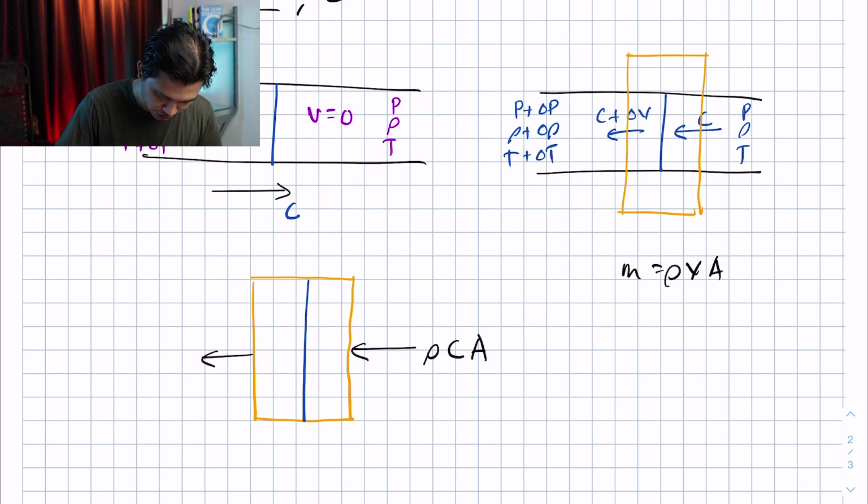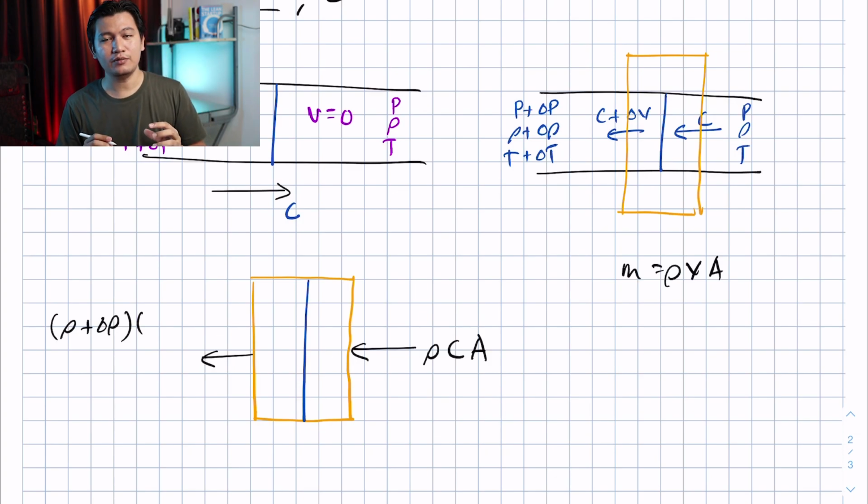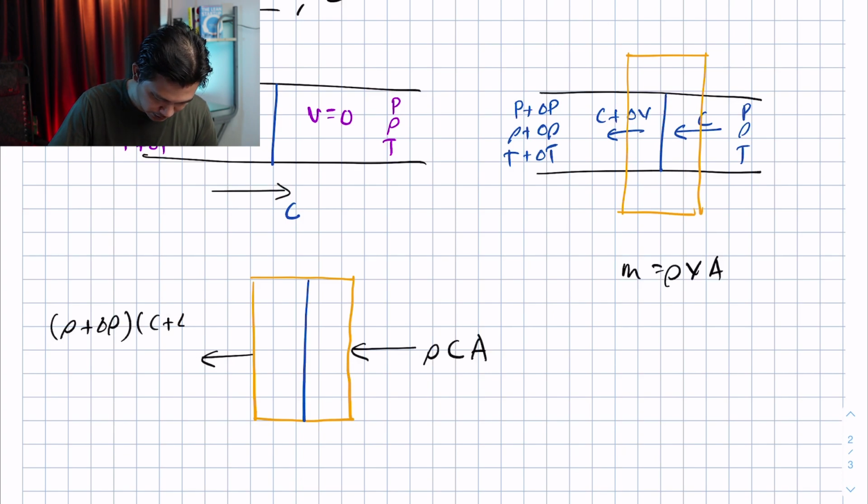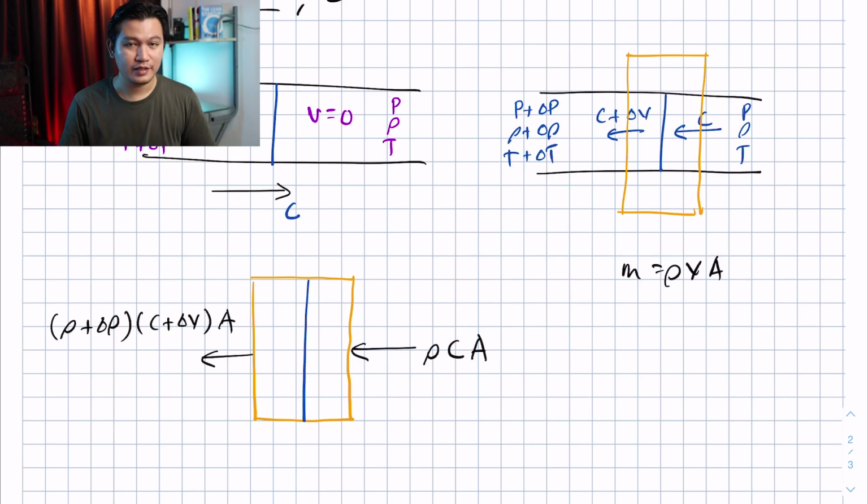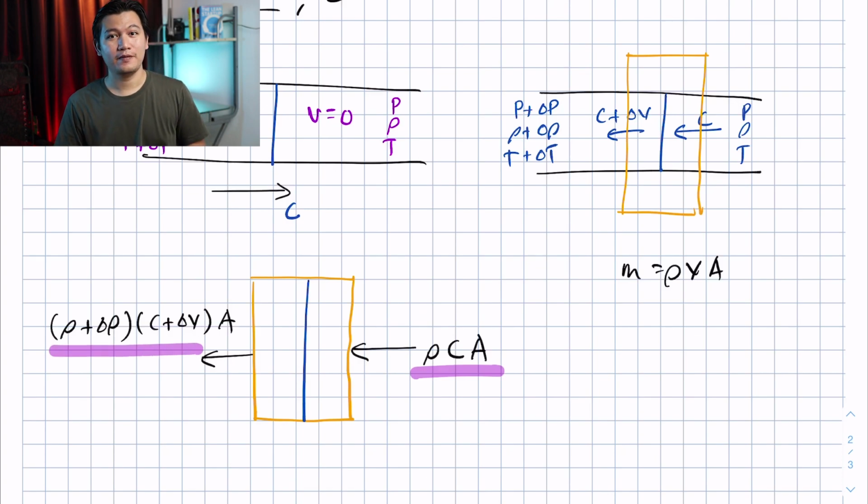So this is rho plus delta rho times velocity, which is now c plus delta v, times A. That is the mass flow out. We know that in steady flow, whatever goes in must come out. So mass flow in is equal to mass flow out.